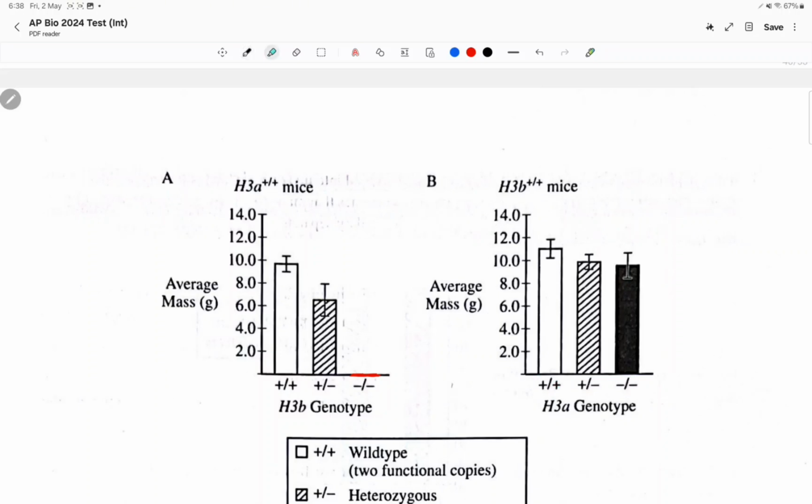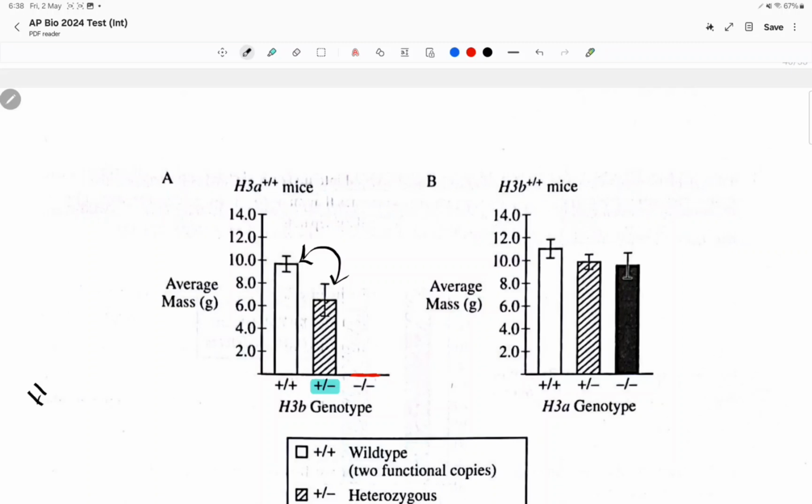So if the mouse has a plus minus for the H3B, how is its mass compared to the control? Less or the same or more? It's less.